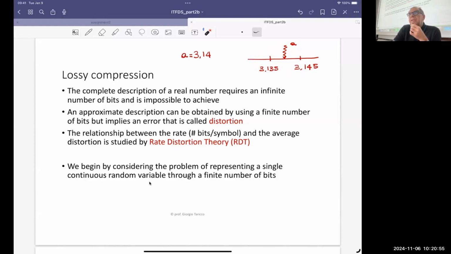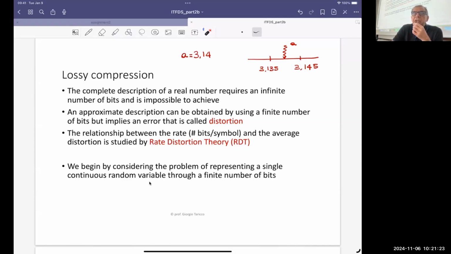In particular, the distortion is useful to represent the representation error for a real number that is actually a random variable. So we don't know exactly where is the real number, and we say that there is a distortion in the representation of the real number.